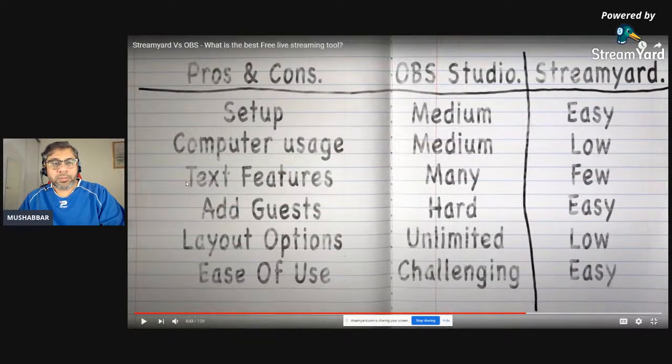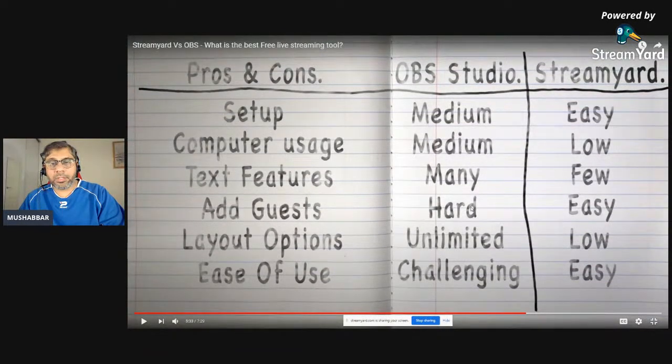In case of OBS Studio, there are a lot of text features that can be used, but in case of StreamYard, there are only few possibilities to use text features. It is very hard in OBS Studio to add guests.